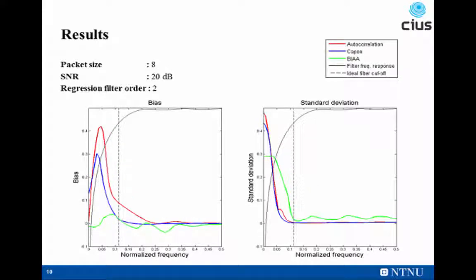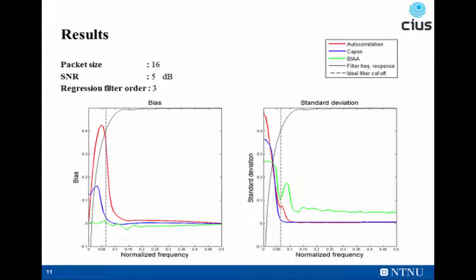And when we increase the SNR to 20 dB, keeping all the settings the same, we see that BIA has a lower standard deviation, but still has the highest bias. And even though the bias is a bit smaller between Capon and the autocorrelation method, there is still a difference for the low velocity.